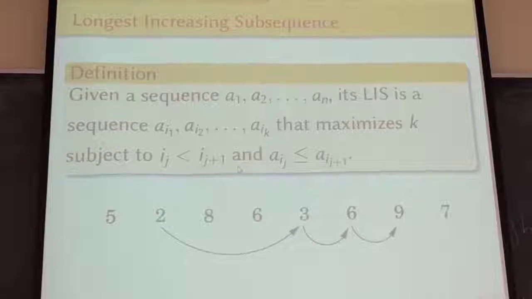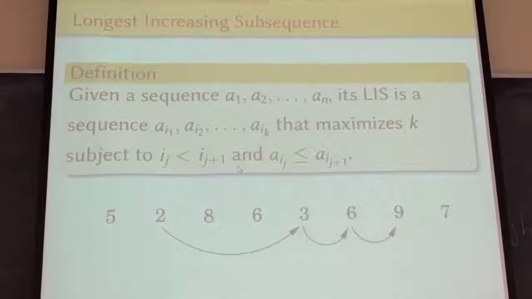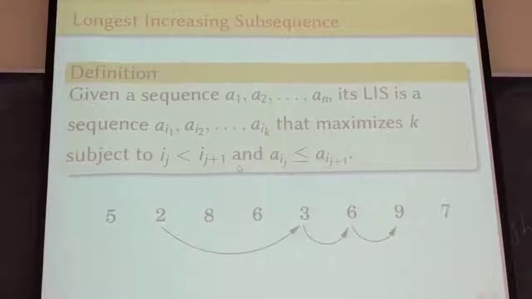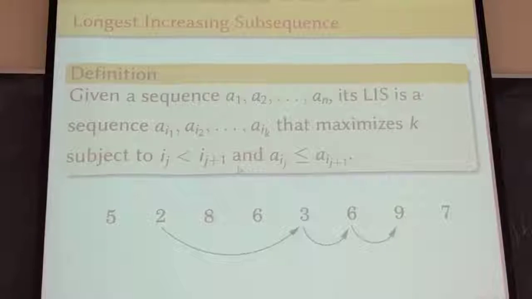So Fibonacci is a very simple example of an algorithm that can be sped up using dynamic programming, right? Because all you need is you know that f of i depends on the previous two values.